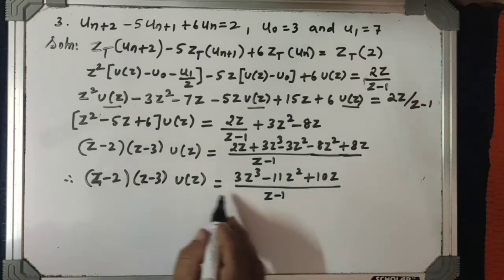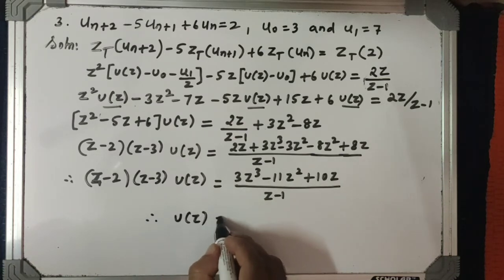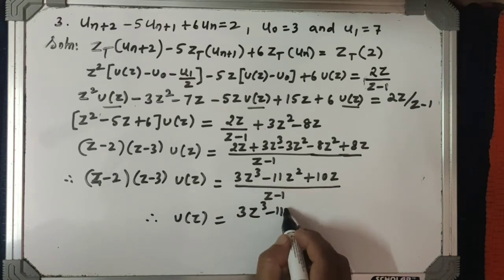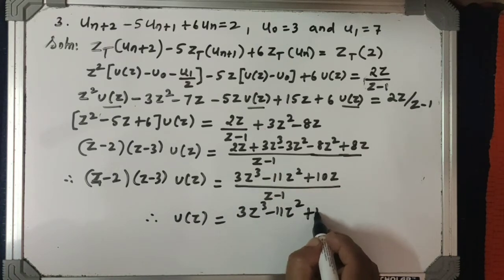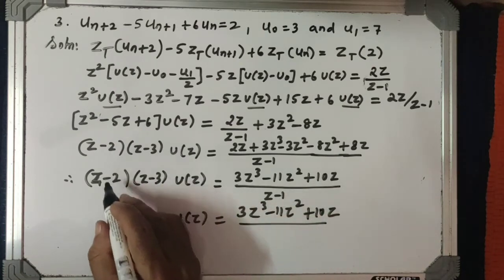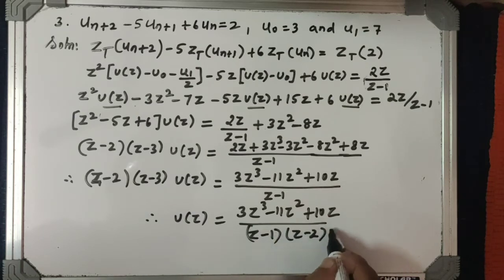Now bring these two factors to the other side, therefore U(z) is equal to 3z cube minus 11z square plus 10z divided by z minus 1 into z minus 2 into z minus 3.